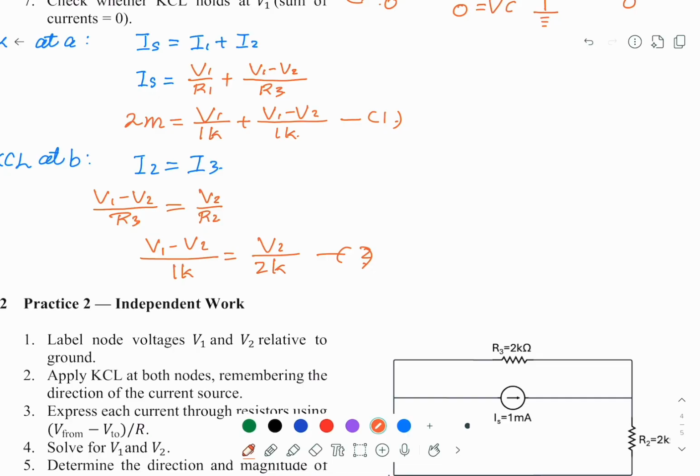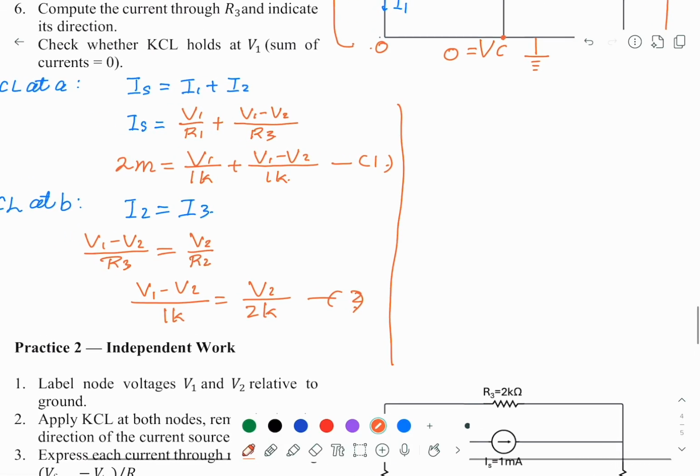So you can see we have two equations. As an example, I would like to solve the equations for you. From equation 1, if we multiply both sides by 1K, you'll get a much cleaner equation.